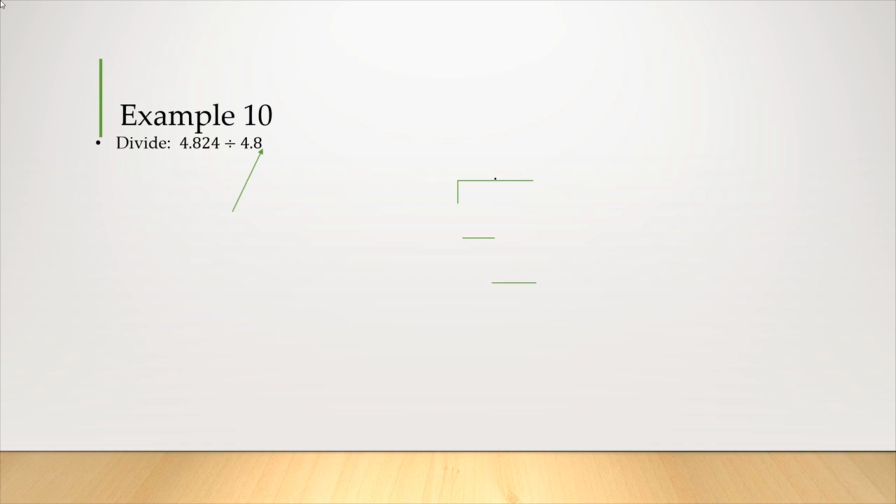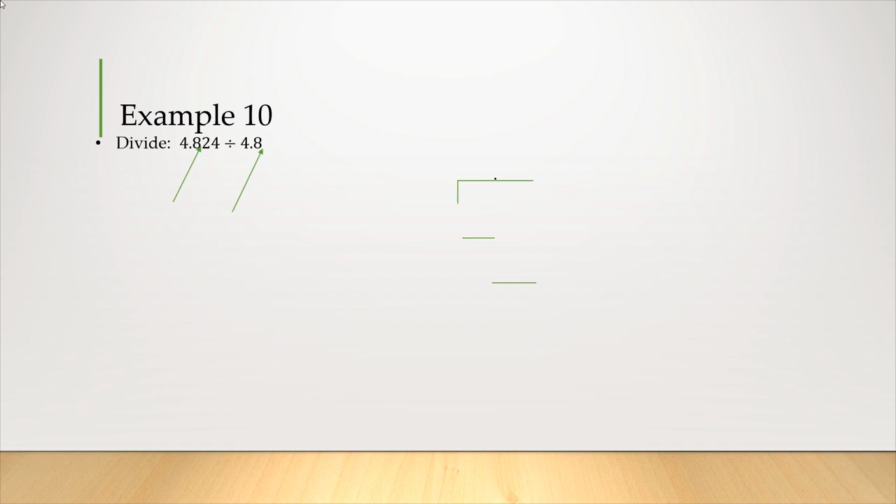So you want to take the 4.8 and move the decimal place over once. And whatever you do to one of them, you have to do to the other one. They're kind of like fractions. In a sense, you're multiplying both of those by 10, the top and the bottom, so it's similar to fractions.